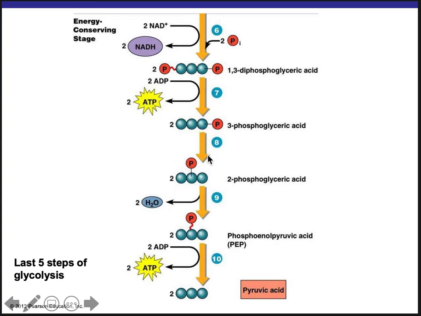And then we do some more steps. We're going to have a little bit of water waste, and we're going to actually get another 2 ATP out of this. And now we have simple 3 carbons in a row. There's a little bit more going on. It's not just 3 carbons in a row.